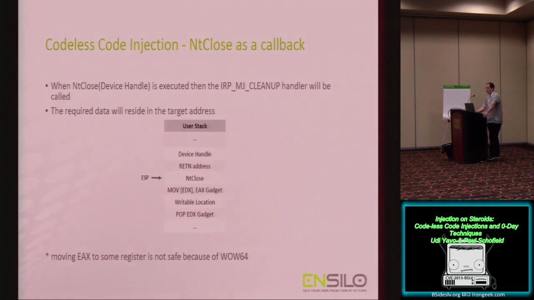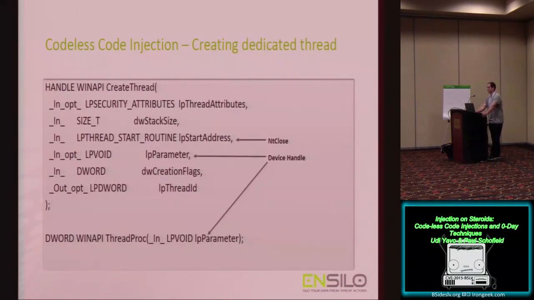One thing to note is that we can't just move, for example, the AX register to some other register and then get it directly from the trap frame, because it might be lost. Let's say it's a 32-bit application which triggers some system calls. It won't go directly to the kernel. It first goes through a chain, a 64-bit WoW64, and the register might be lost along the way.